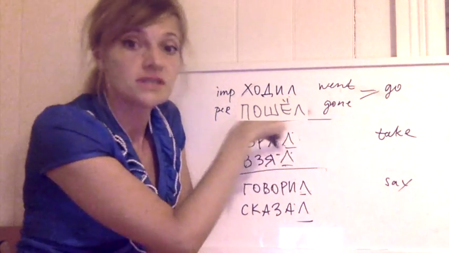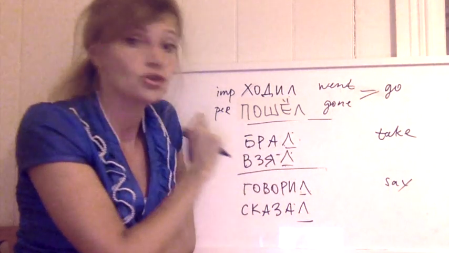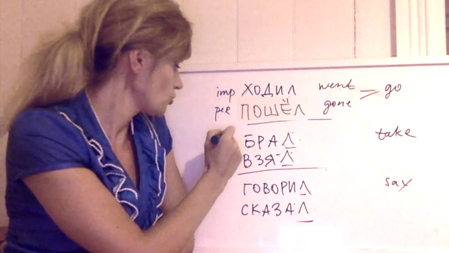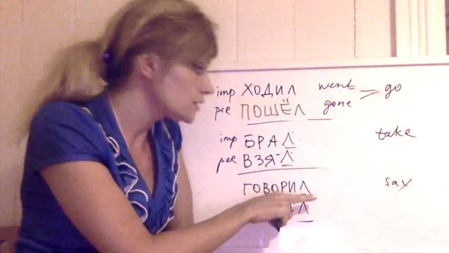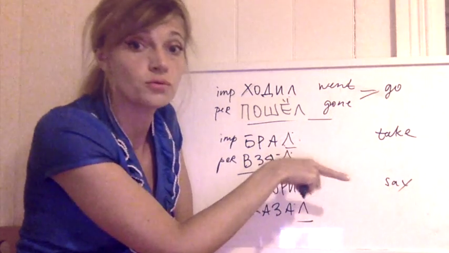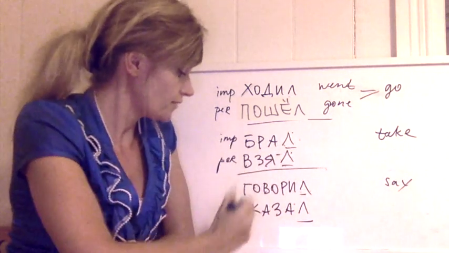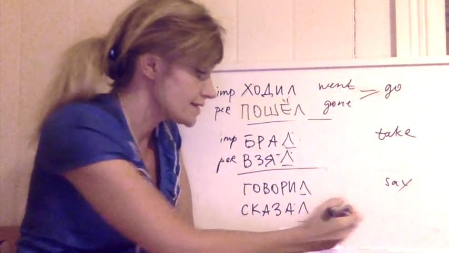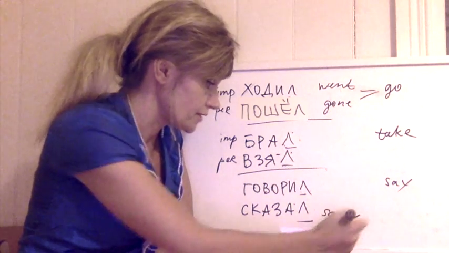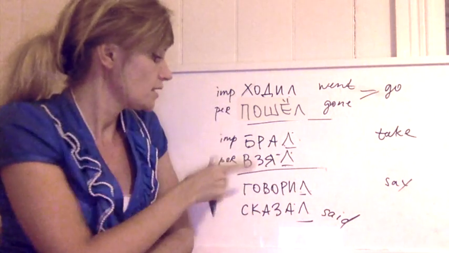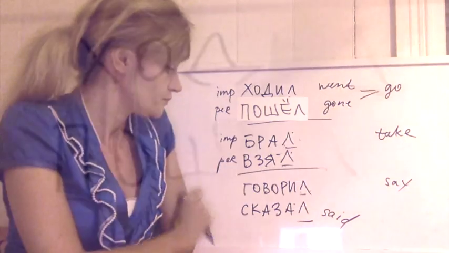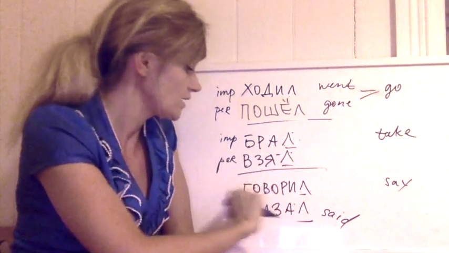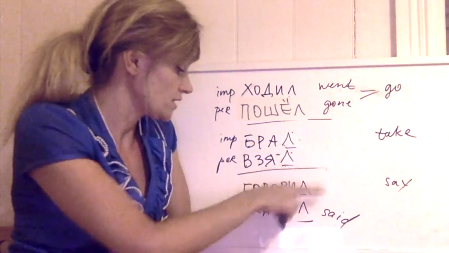Брал, he was taking, and взял, he took. So imperfective, perfective. Говорил, he was saying, he was telling. Imperfective, and сказал, he said. Perfective. So now you can see the same verb, but different words. Ходил, пошел, брал, взял, говорил, сказал. He was telling, he said.